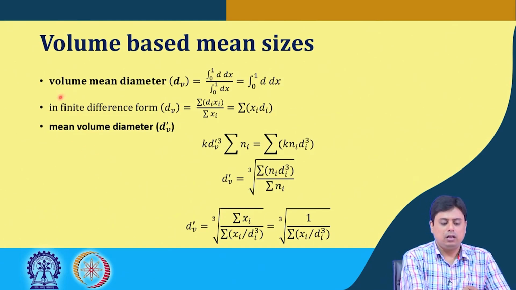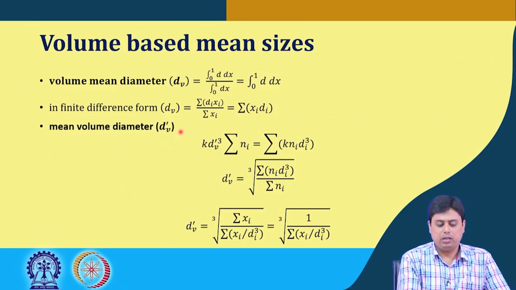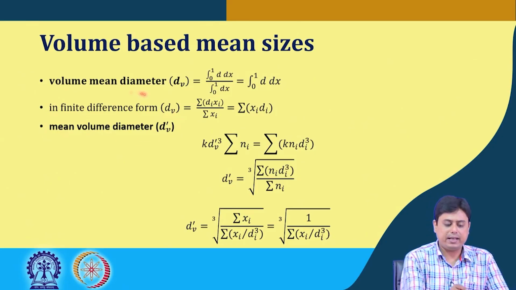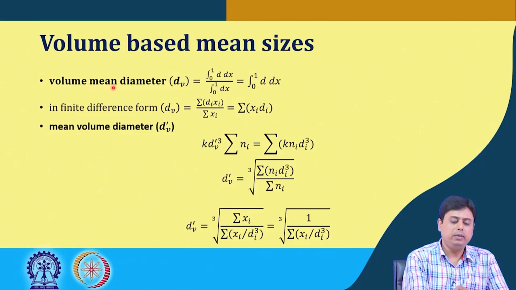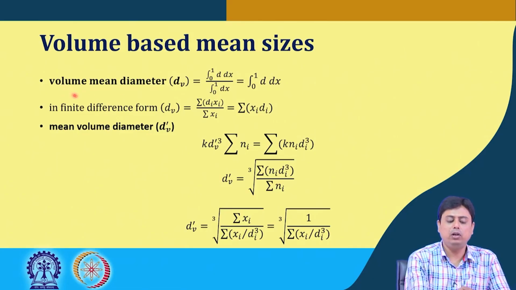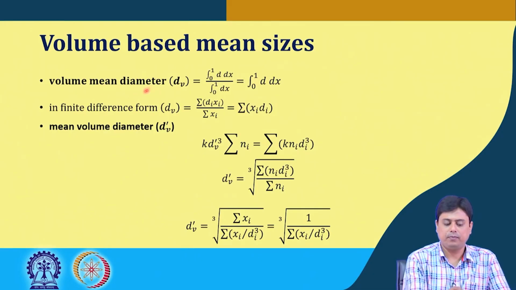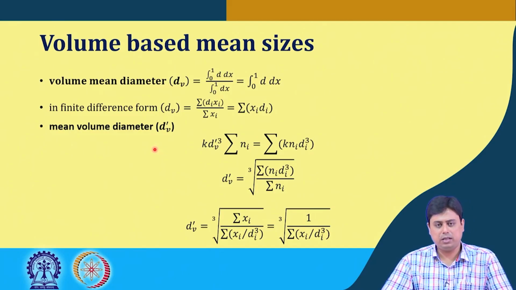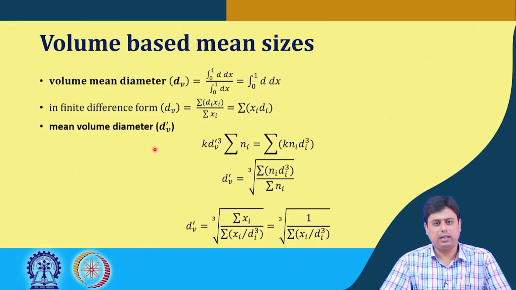Similarly, for the mean volume diameter, you have to look into the adjective, since we are putting mean after a certain word. Here it was the volume mean diameter. Now we are talking about the mean volume diameter, which means let us say d prime v is the mean volume diameter of that collection of particles and it is uniform.